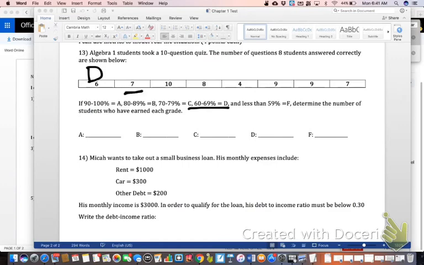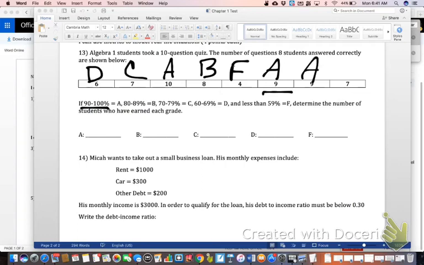If a kid got 7 out of 10 correct, that is a 70%, which is a C. Tells me right there in the question. 10 is obviously an A because that's 100%. 8 is 80%, which is a B. 4 is 40%, which is less than 59, so that is an F. 9 is 90%, which falls into the A category. There's another A. And then finally, we've already established that a 7 is 70%, which is a C.